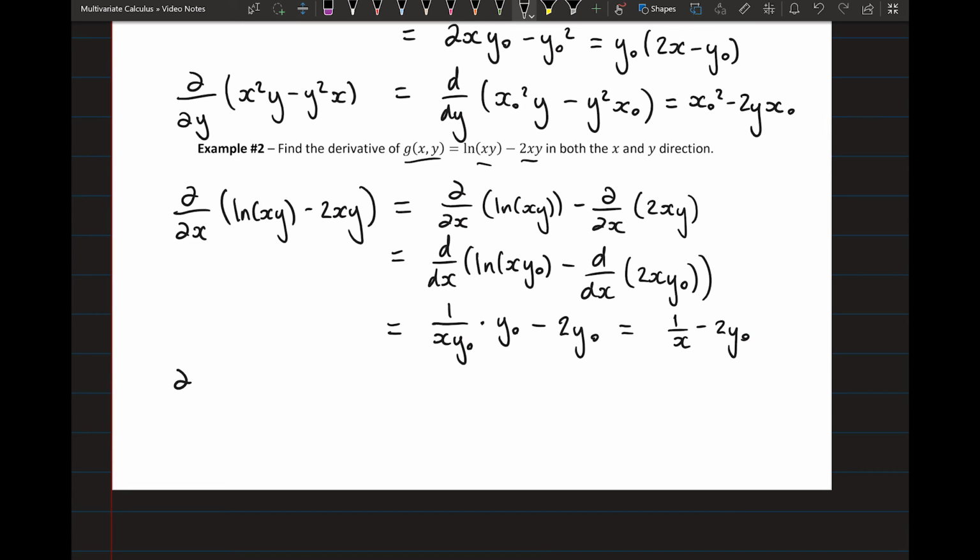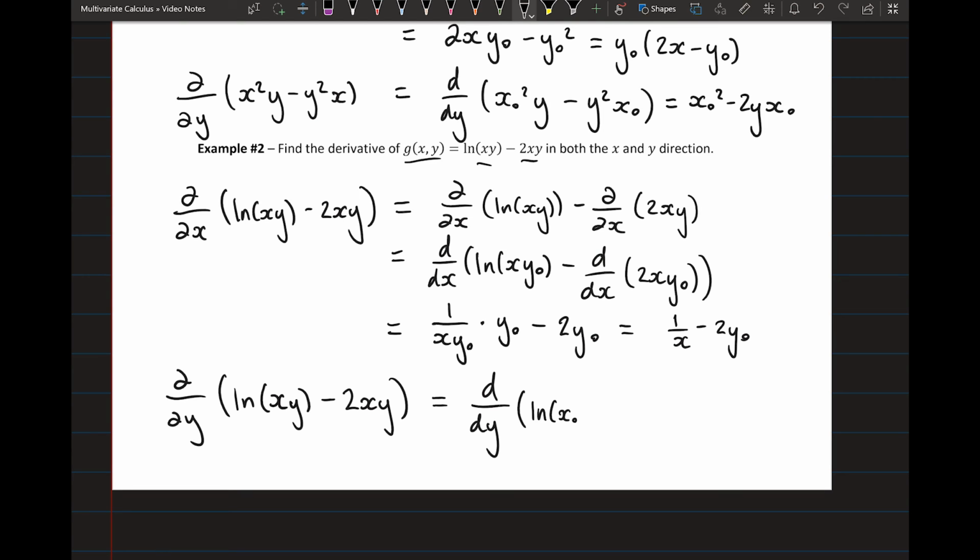For the y direction, we do the same, but we put x as a constant. So we only take the derivative with respect to y of the natural log of x naught y, take away d dy of 2x naught y.